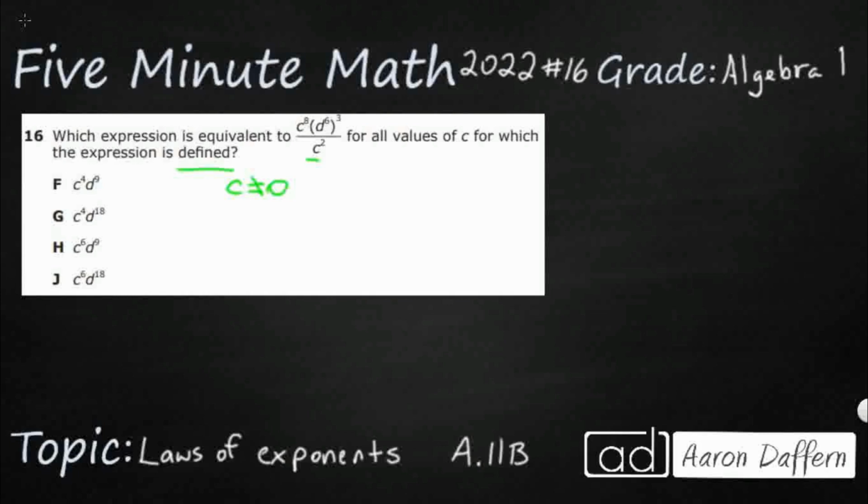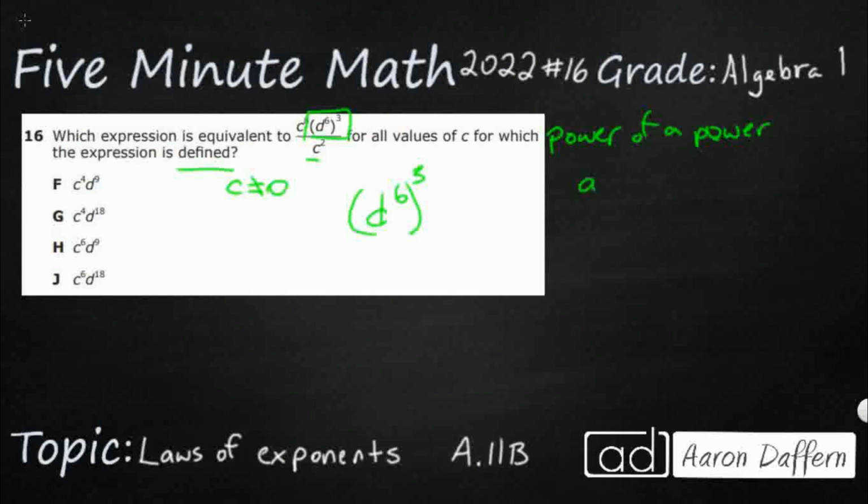First, let's take a look at that D. Let's just pull that out. I've got D to the 6th power, and then I've got that to the 3rd power. So what happens when we take a power of a power? Well, if we look at our mathematics chart or reference material, this is what we would see.